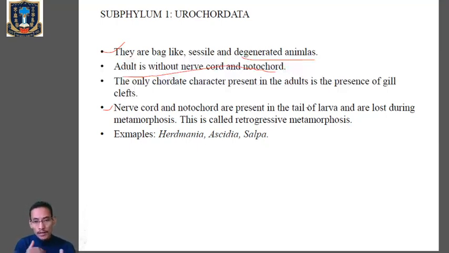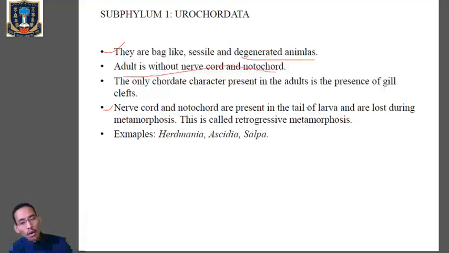When the larval stage changes into the adult stage, the nerve cord and notochord from the tail are lost. Since they are lost when the animal changes from the larval stage to the adult phase, this type of metamorphosis is called retrogressive metamorphosis, because the structures that were present in the larval stage have been removed in the adult stage.